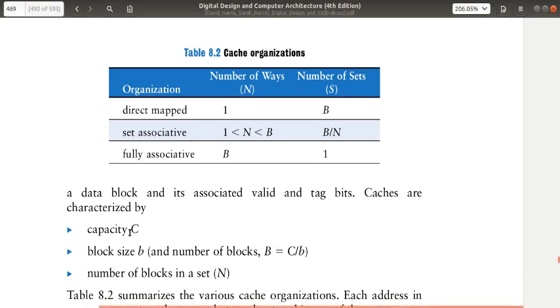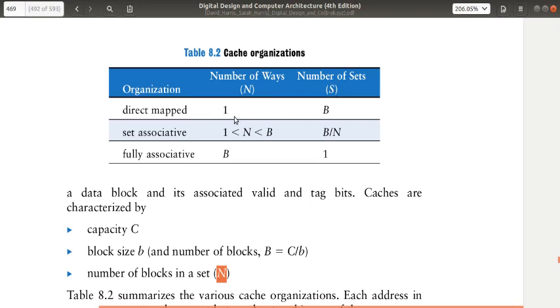When we are talking about cache, we have to talk about 3 things: the total capacity, the block size, that is the number of words per block, and the number of blocks in a set, that is n. This is a comparative table of the number of ways, that is associativity, and the number of sets.